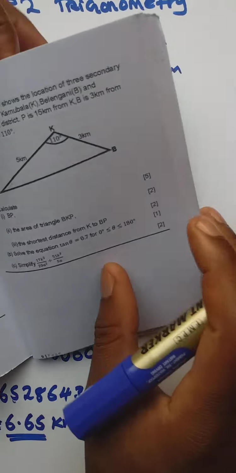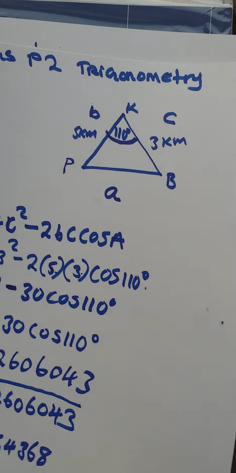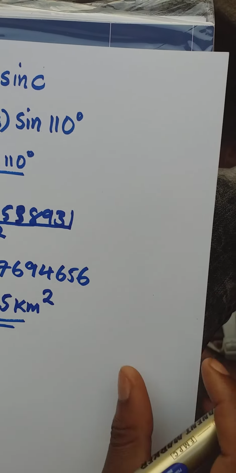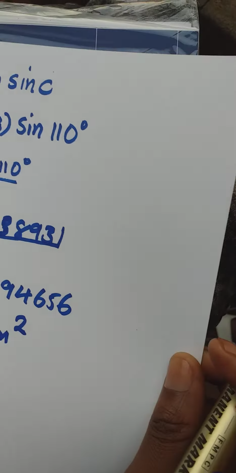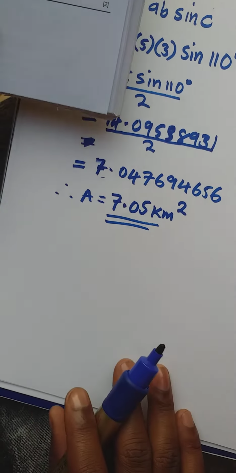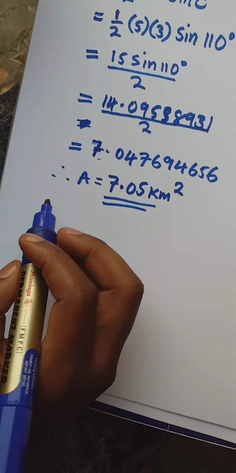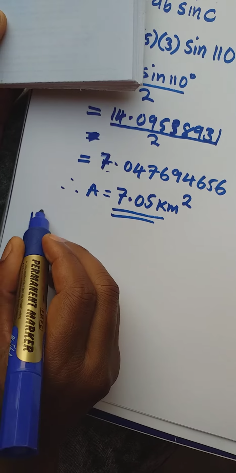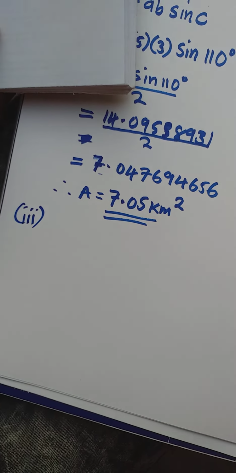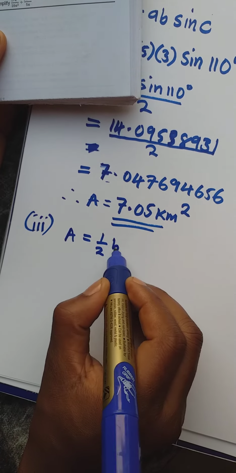So since we have calculated the area of this triangle, it will now be easy for us to find the height, and that's the shortest distance. So I'm going to say the third part. We simply find area by saying half base times height.